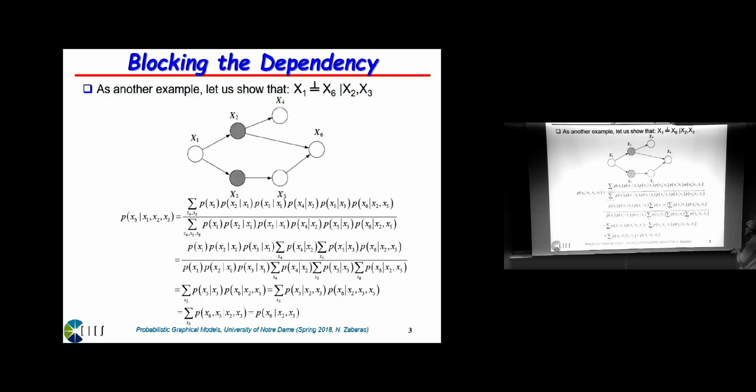And then, as somebody pointed out to me yesterday when he came to see me, he asked why this is equal to that. Because you notice suddenly, in addition to x2 and x5, I plug in an x3. Why is that?